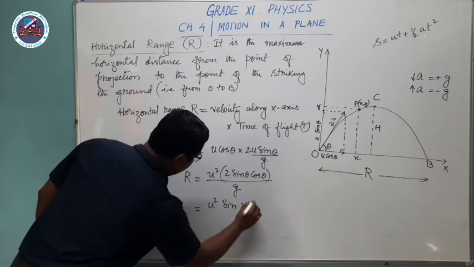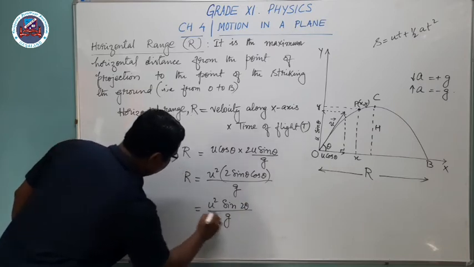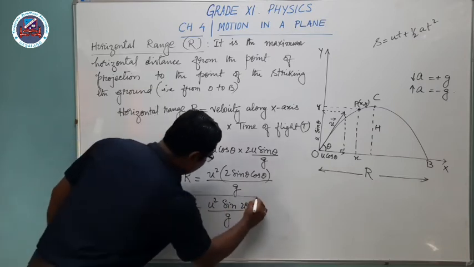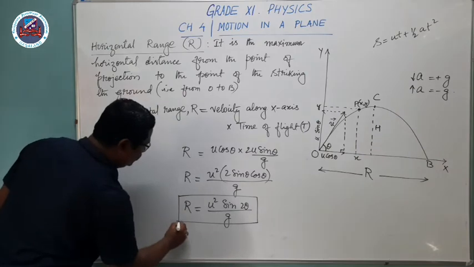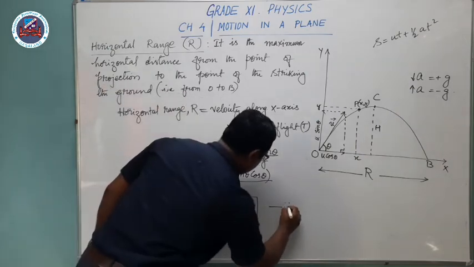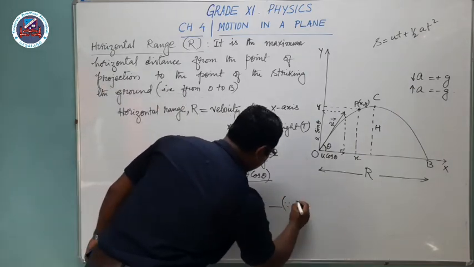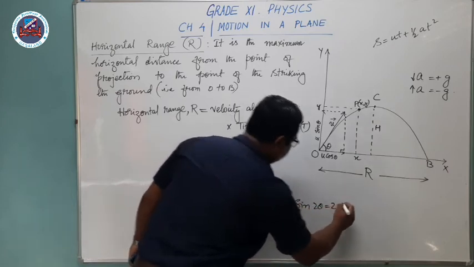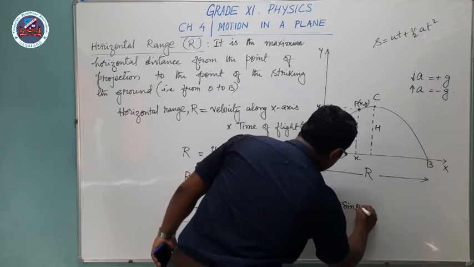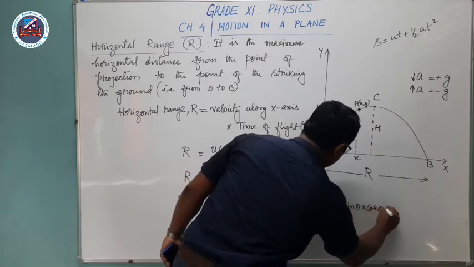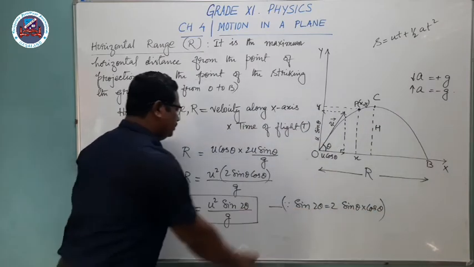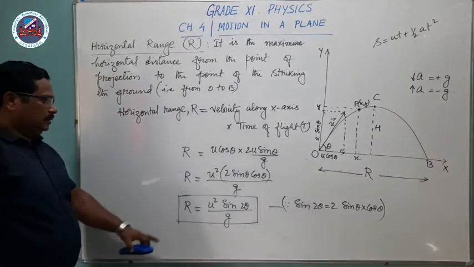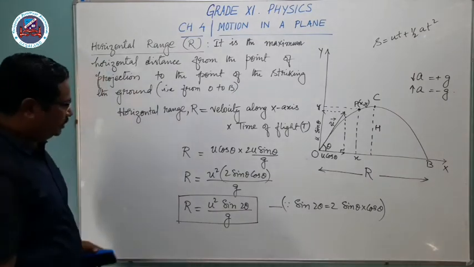This is your trigonometry formula, divided by g. This gives us the expression for horizontal range.